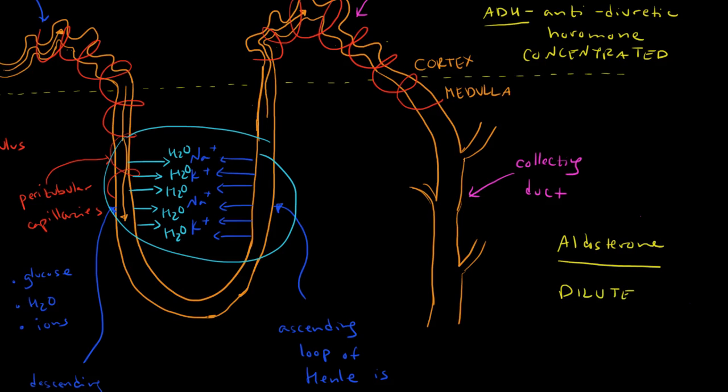Aldosterone will actually cause your distal convoluted tubule and your collecting duct to reabsorb more salt. And this will happen in a time that, for example, you have very low blood pressure. As you know, high salt causes higher blood pressure. If you don't have a lot of salt, you'll have low blood pressure. So if your blood pressure is very low, you're going to want to reabsorb a lot more salt. And in that case, you're going to make dilute urine.